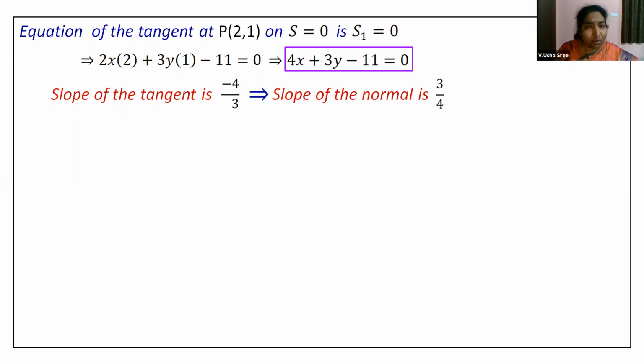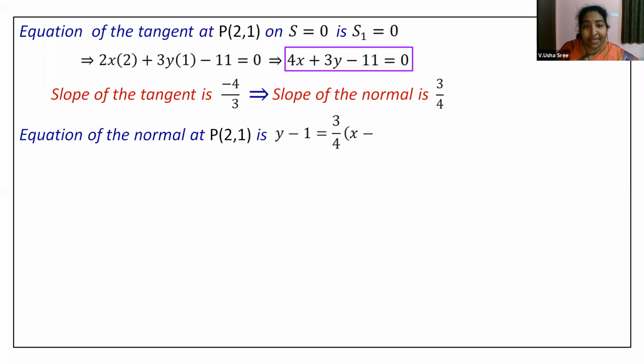When the slope is known and the point is known, you can very well write a straight line equation. Normal is also a straight line, isn't it? So what is so special about the normal? It is perpendicular to the tangent. So the equation of the normal at P(2, 1) is y minus y1, instead of y1 you have 1, is equal to m, where m is 3 by 4 because the slope of the normal is 3 by 4, into x minus x1.